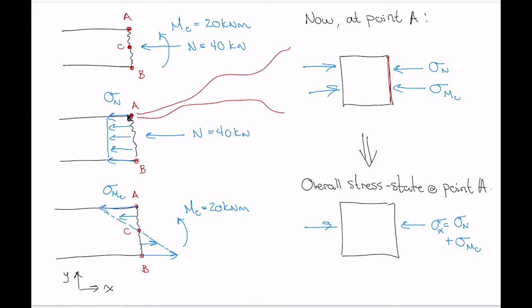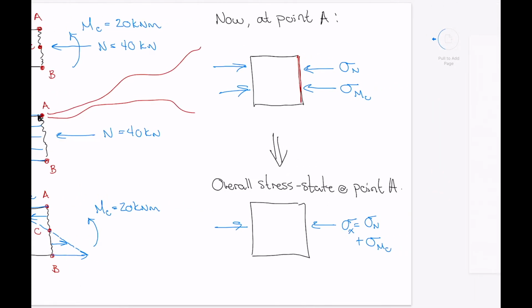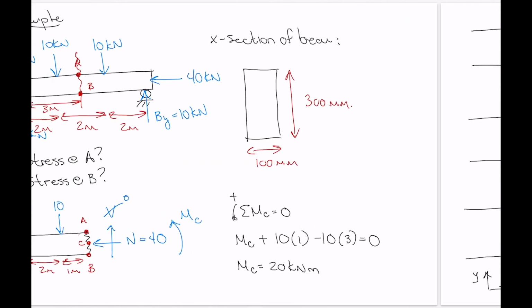So we can of course calculate the value of sigma subscript n and sigma subscript mc. So we'd have sigma subscript n is N divided by A, which was 40 kilonewtons. Change that to newtons, divided by cross-sectional area, which was 100 millimeters. Was it? Let's go back and check.